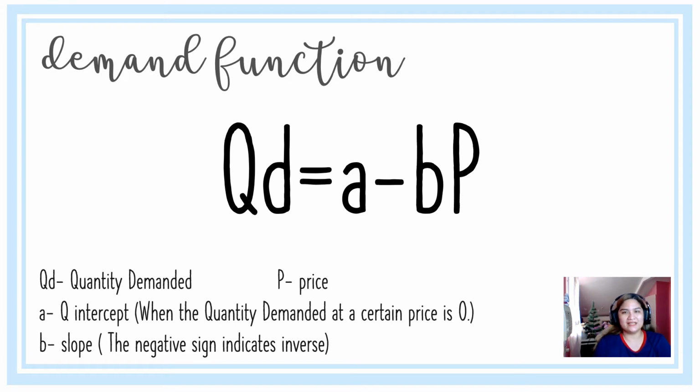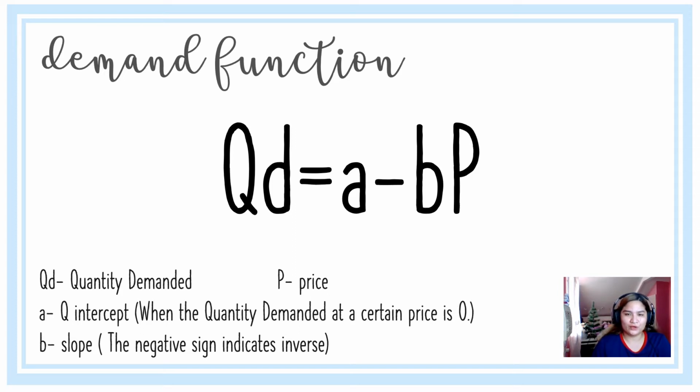The first one is demand function. So demand function is a mathematical expression. As you can see here, we have QD equals A minus BP. So this is the mathematical equation or expression used in studying demand.